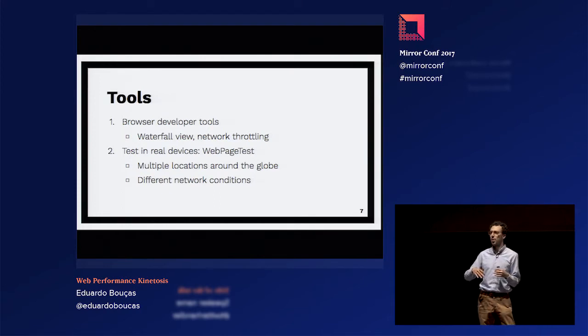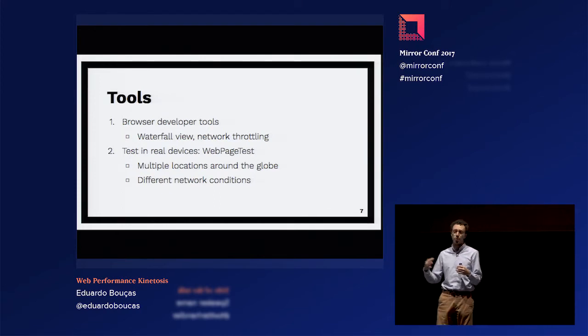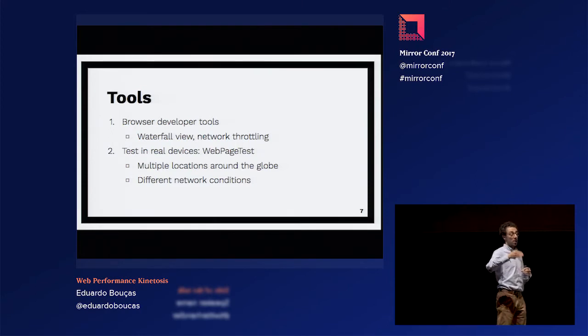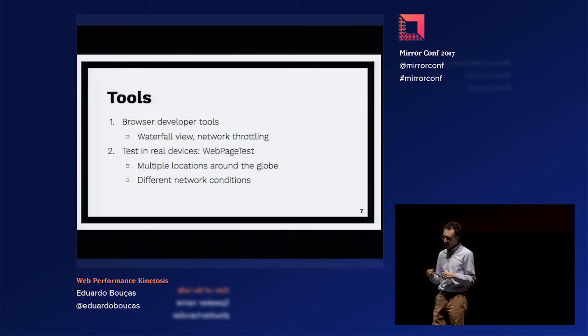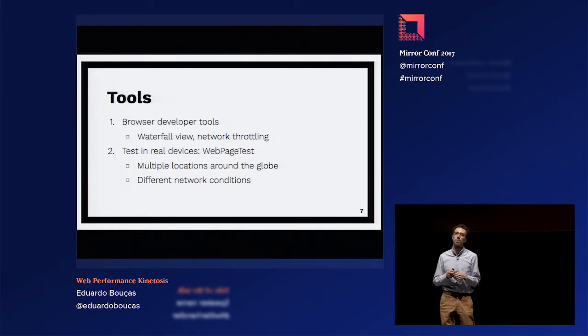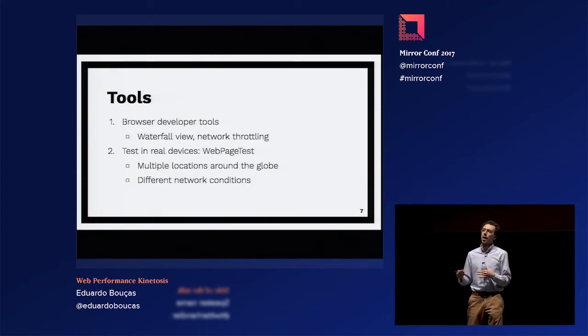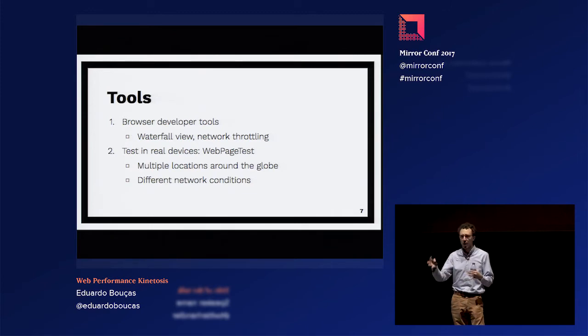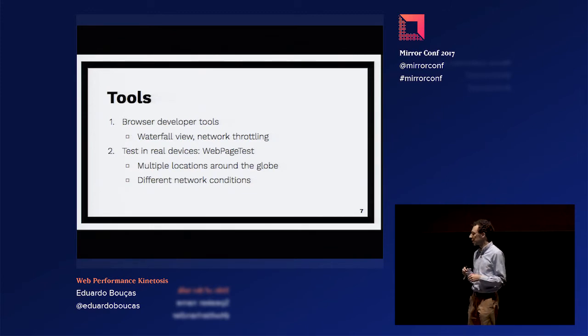So you can simulate how it would work on a 2G or a 3G connection, which can give you some initial idea of how your website could perform in those situations. But even then, this is still a very biased test, because you're always testing from your own perspective, your own computer, your own browser, your own operating system, your own network, even though you can roughly simulate different conditions.